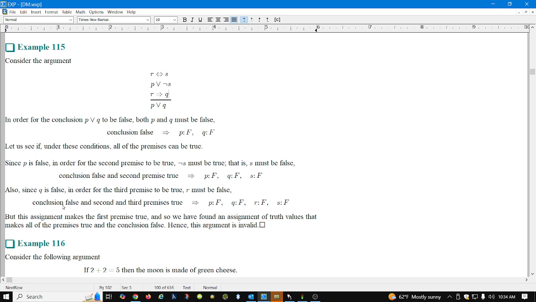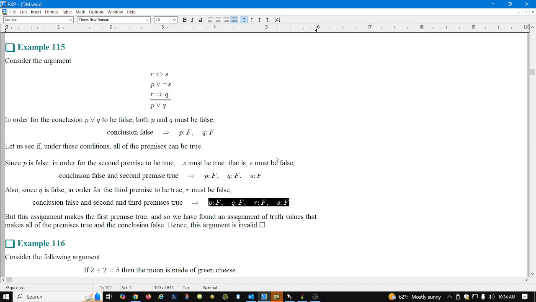So for the conclusion to be false and the second and third premises to be true, we have all four truth assignments. But these truth assignments make the first premise true. So we found an assignment of truth values that make all of the premises true and the conclusion false. This is an invalid argument.